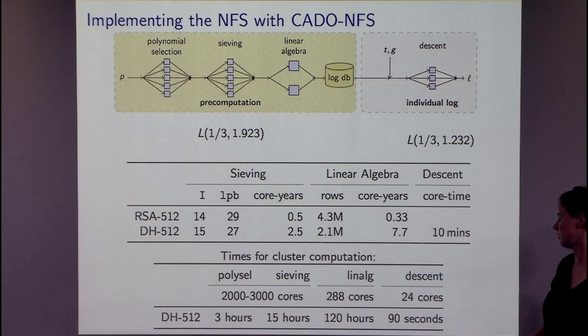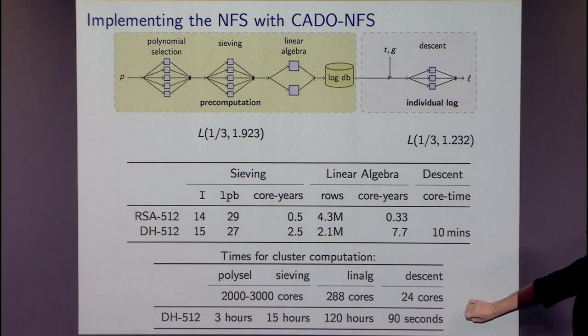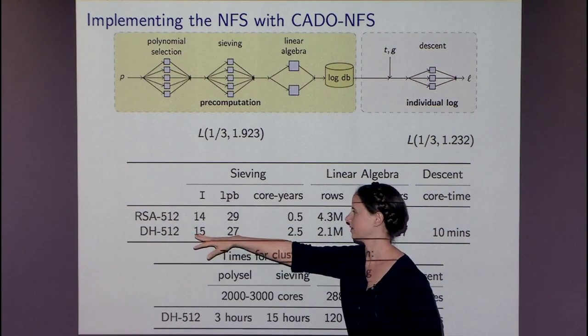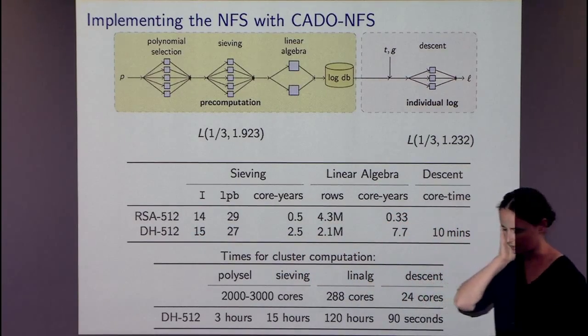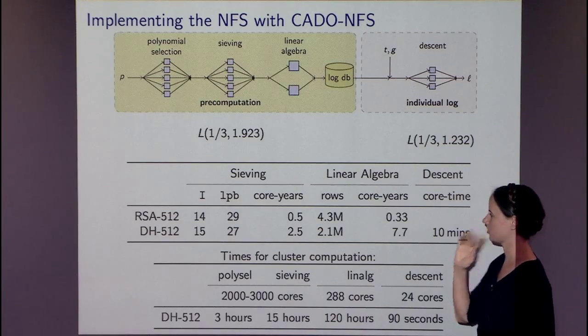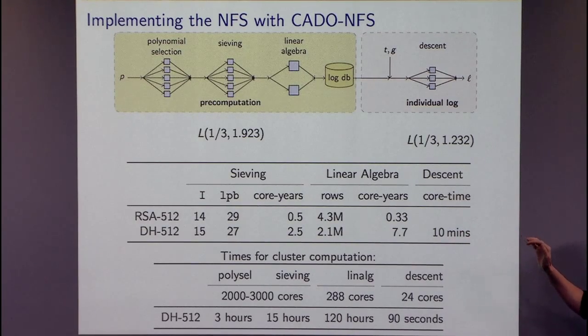And then the descent, average time of 90 seconds, parallelized across 24 cores. As far as we know, I don't think anybody had bothered to write this down. This is smaller than the current discrete log record, which is about 600 bits, but nobody had ever bothered to write down the case that anybody actually cares about in practice, for whatever reason.